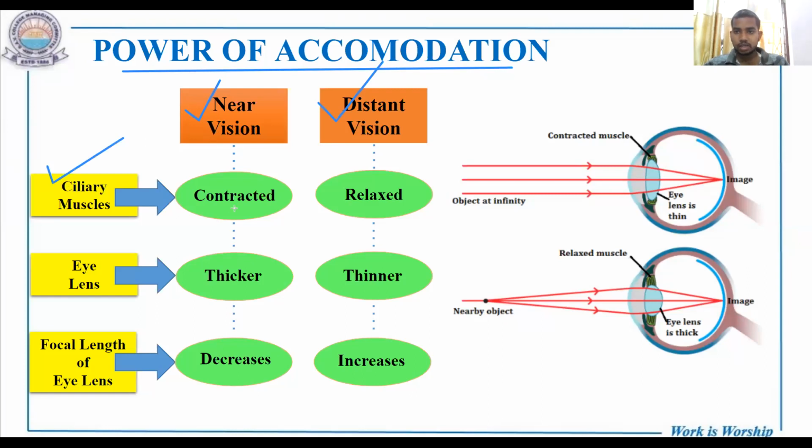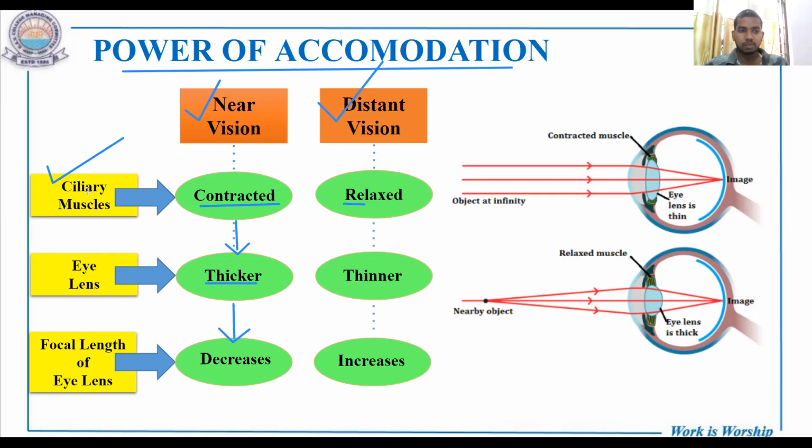It is shown in chart format so that it will be easy to remember. If the ciliary muscles get contracted, then the eye lens becomes thicker. If the eye lens becomes thicker, its focal length decreases and its curvature increases, so that we can see nearby objects clearly.